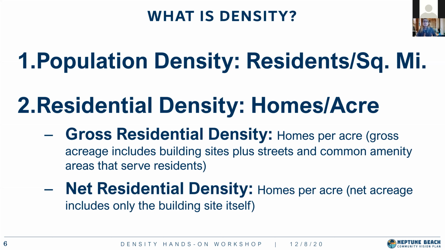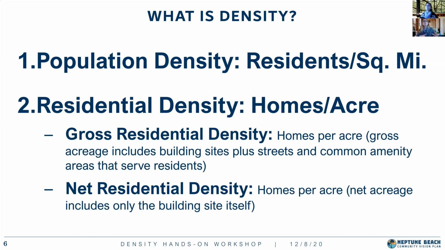Gross acreage includes the building site, plus the streets, any public rights of way, and common amenity areas that serve those residents. And then there's net residential density, the number of homes per net acre. When we say net acreage, we mean just the building site itself.